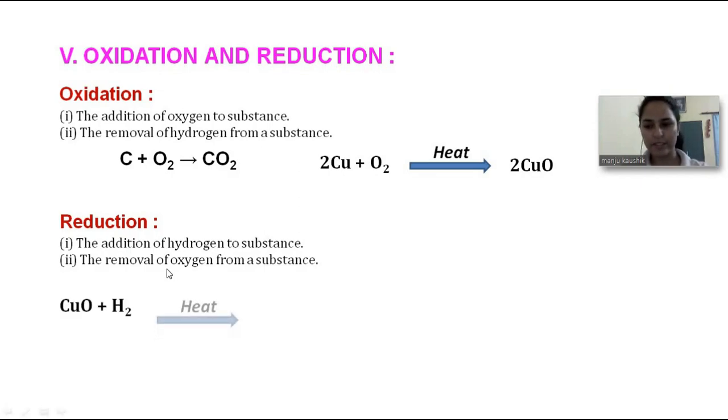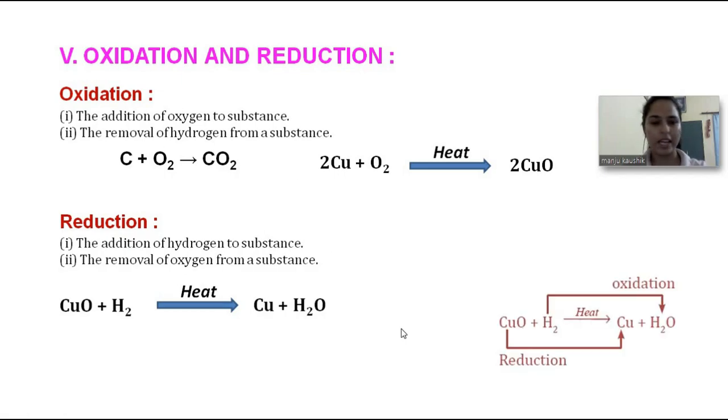Copper oxide, when added to hydrogen and a small amount of heat is applied, converts into copper and water. So here what is happening? See in this image, copper oxide is losing its oxygen and it is forming copper.